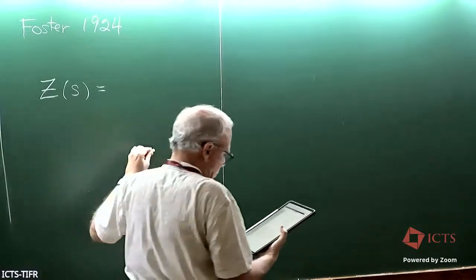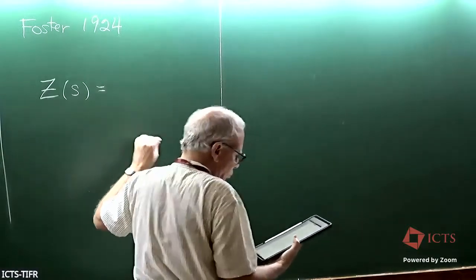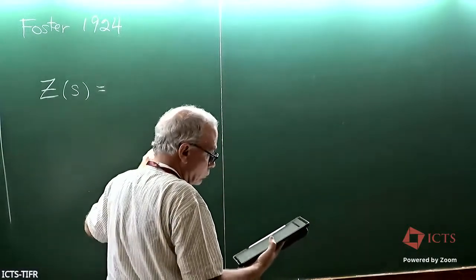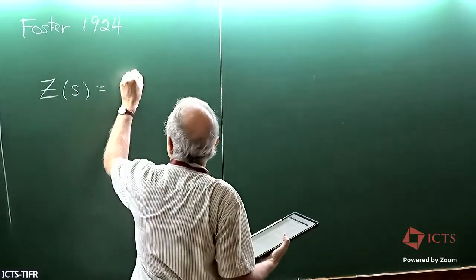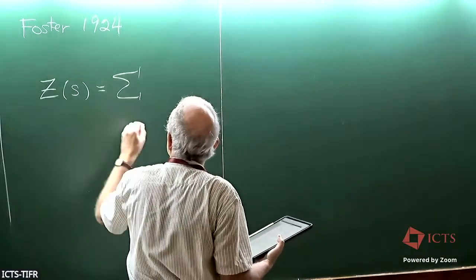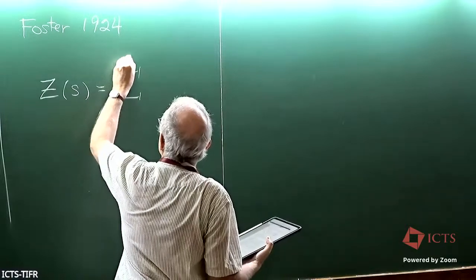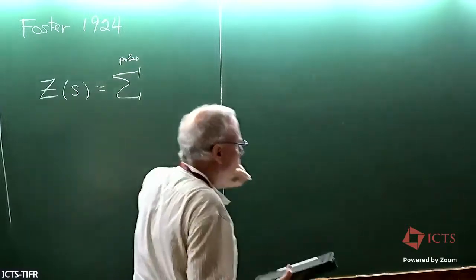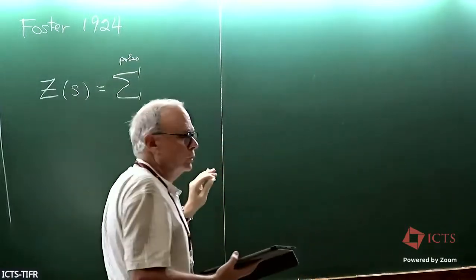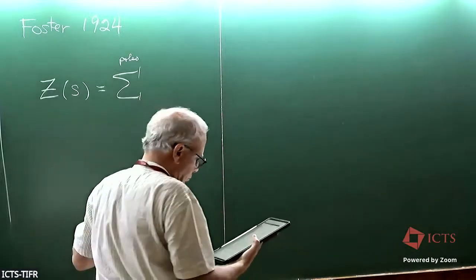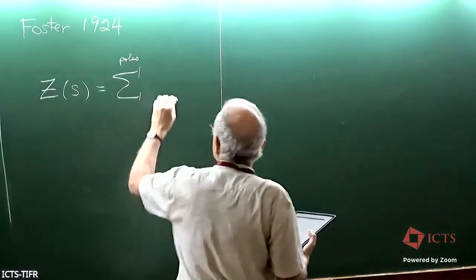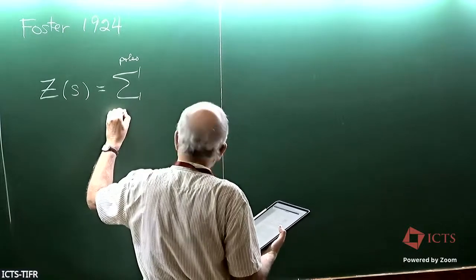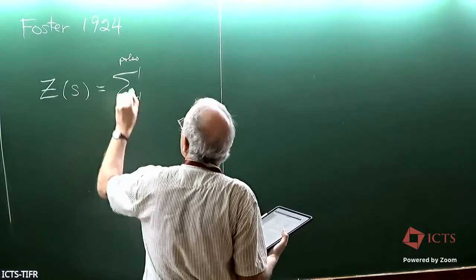Although it turns out to be easier to show it graphically, which I will do in a moment. So it has a sum over poles, poles really in the complex function sense, a sum m equals 1 to some number of poles.